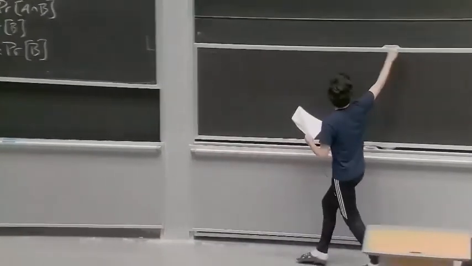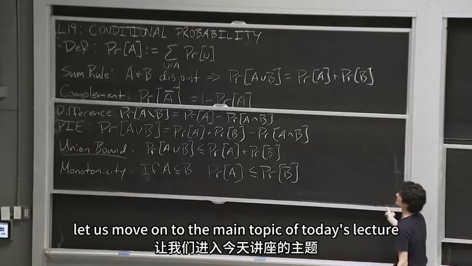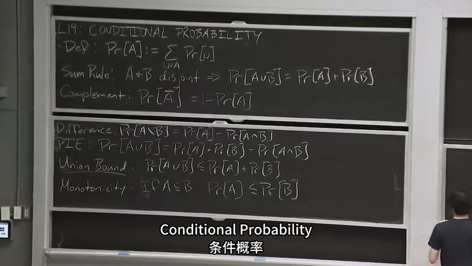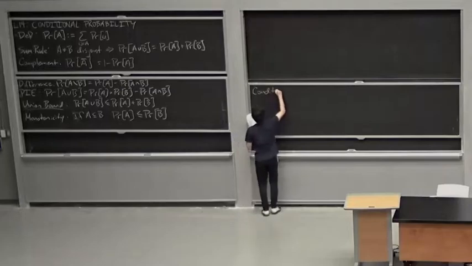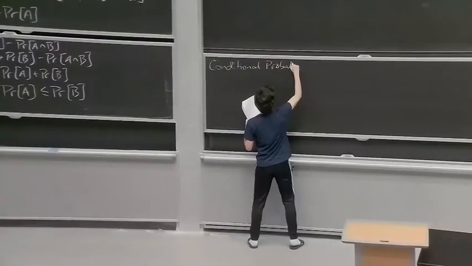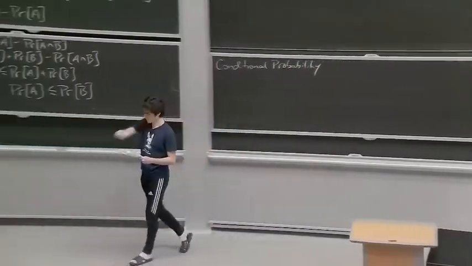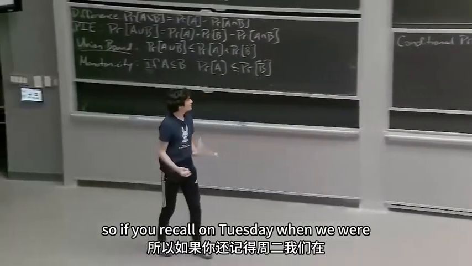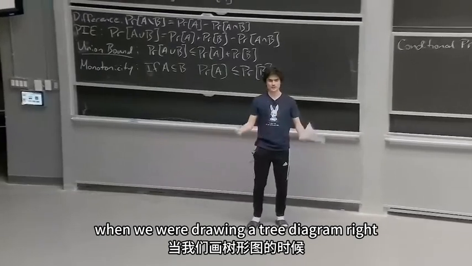Okay. So in that case, let us move on to the main topic of today's lecture, conditional probability. If you recall, on Tuesday when we were talking about the Monty Hall problem, we were drawing a tree diagram, right?